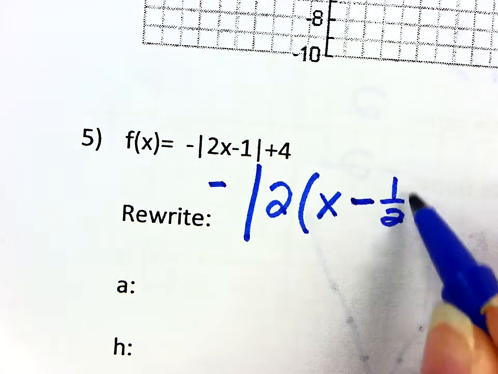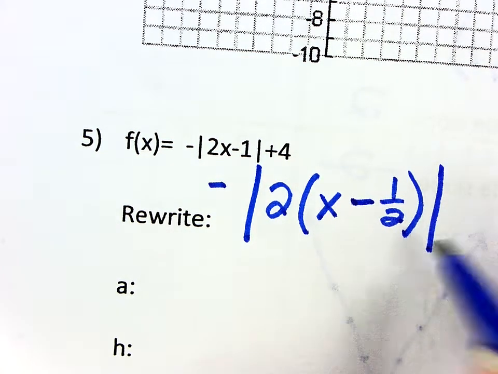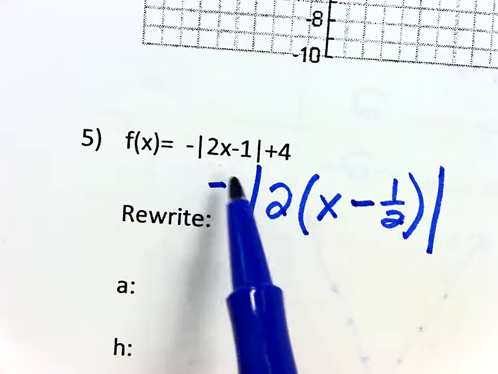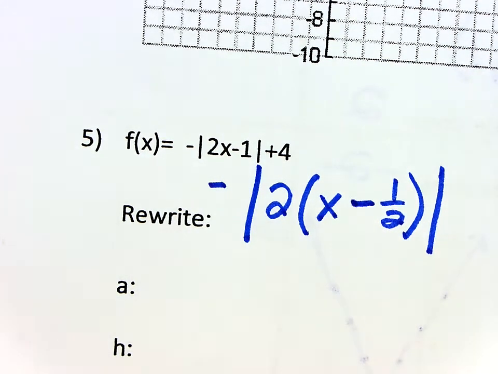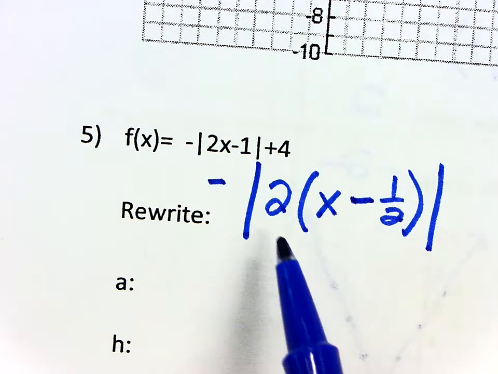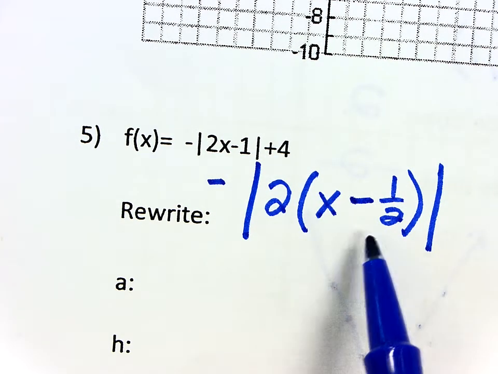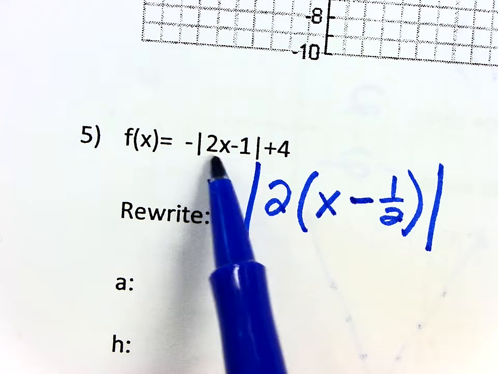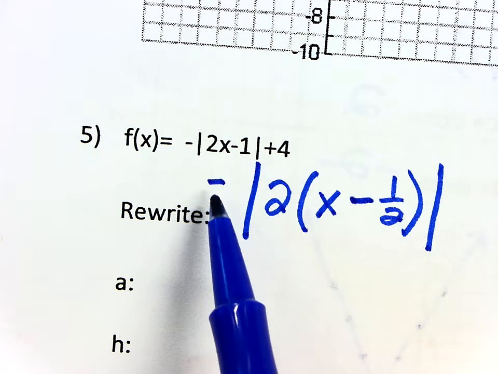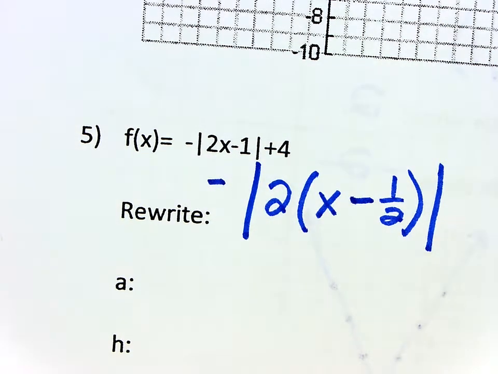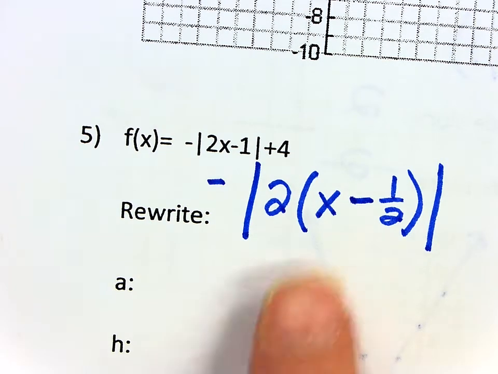If you are not sure about it, you're just dividing each of these things by 2. But if you're ever shaky, just redistribute that back in. Wouldn't you get 2x minus 1? Yeah, okay. So you're just taking whatever that leading coefficient is, and you have to divide each term by it. So that's how I got here.